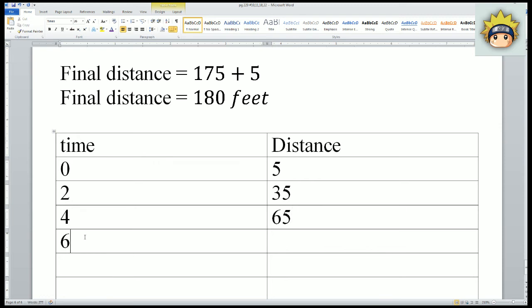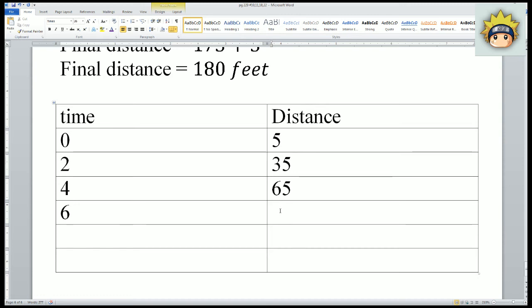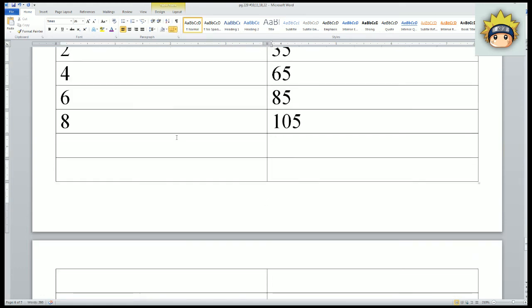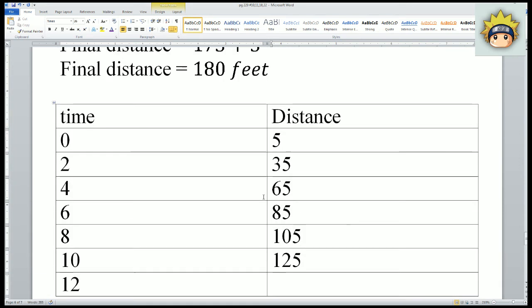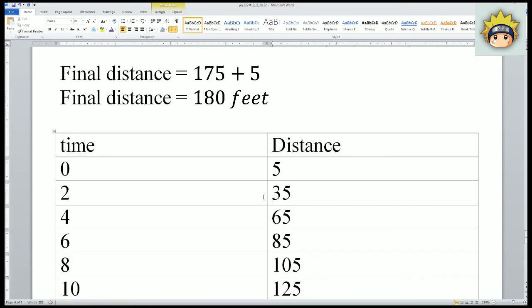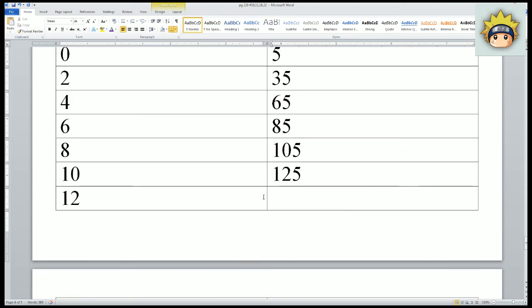At 6 seconds, this would be 85. At 8 seconds, it should be 105. At 10 seconds, it is at 125. And at 12 seconds, it is 145.